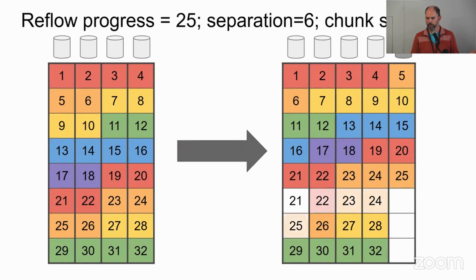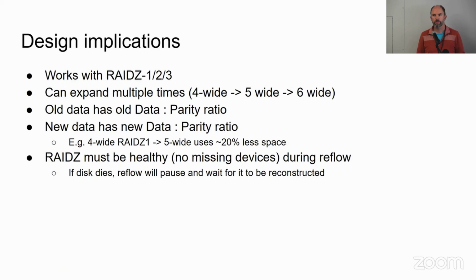So we can move the first one. So we read sector 26, we write it to its new location, which is overwriting 21. Then 27 can move to its new location, 22, and so on.